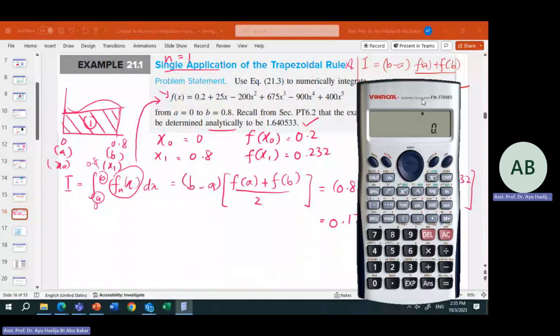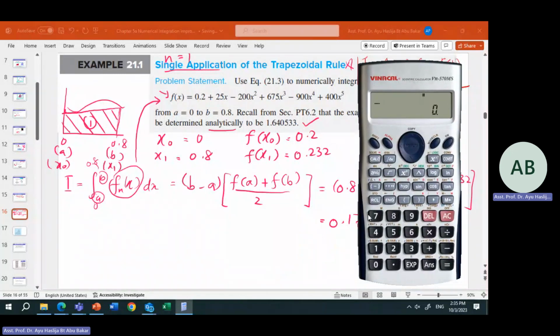Okay, the main thing is the function. For integration, press this one.